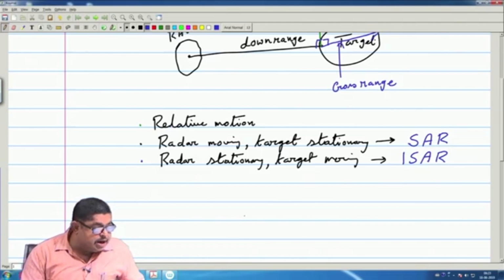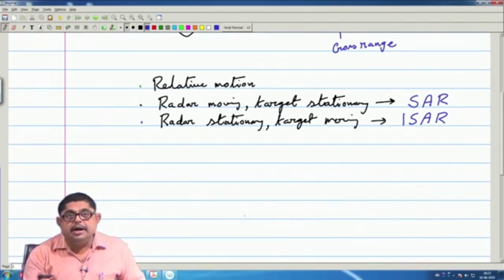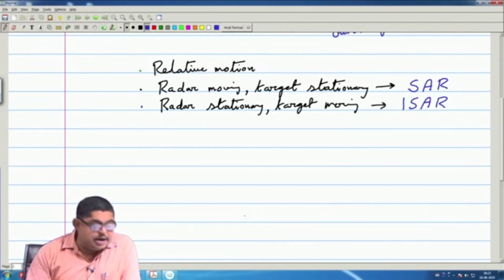Now, I already said that the radar pulse width controls the illumination width in the range direction, and antenna beam width determines the illumination in the cross range direction.